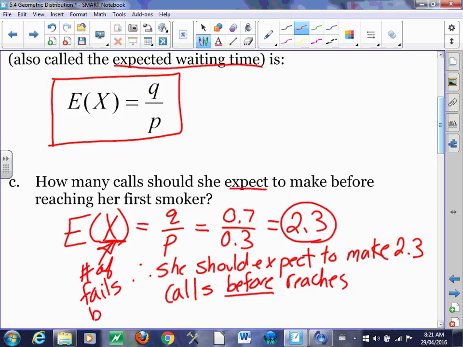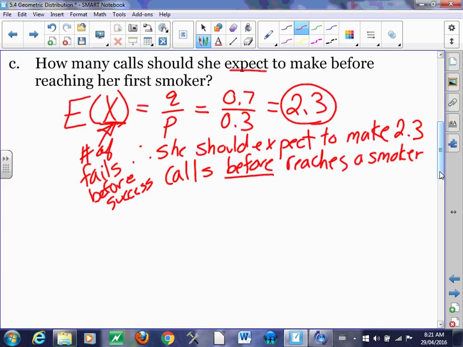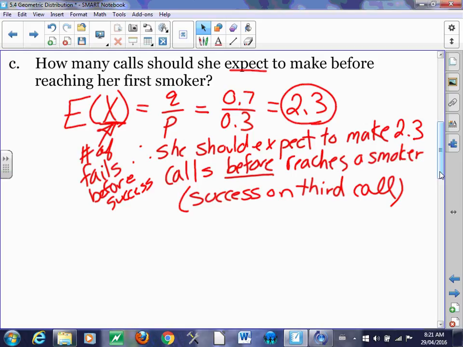Number of fails before success. Just make sure you throw that in there. Before she reaches a smoker. And just put on here, folks, that would round down to 2, so we're going to say success on the third call. That's what we would expect based on the probabilities. Awesome. Everybody okay with that? Awesome.